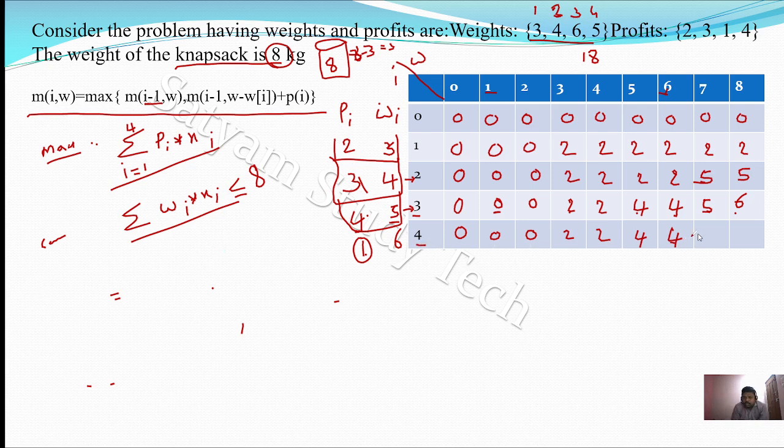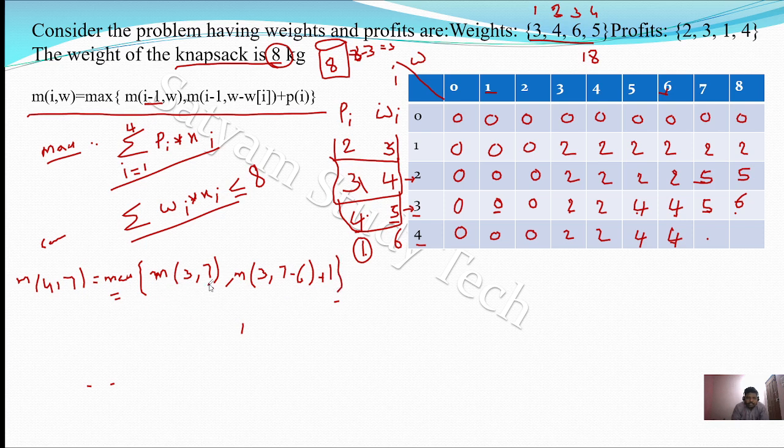So here you can calculate m of 4 comma 7, that is equal to maximum of m of I minus 1, that is 3, m of 3 comma w, that is 7, 3 comma 7, comma m of 3 comma w, w is 7, 7 minus w of I, that is w of 4, that is 6, plus p of I, p of 4 value is 1.